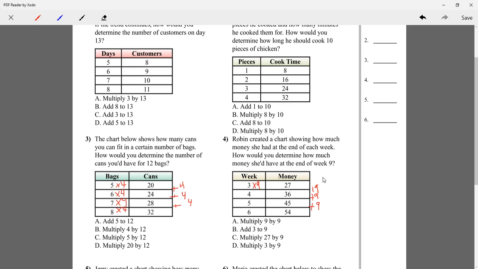Now, sometimes you'll find something where the chart might be something like 5, and then 7, and then 11, and then 17. And then you're just like, I don't know what the pattern is for this.